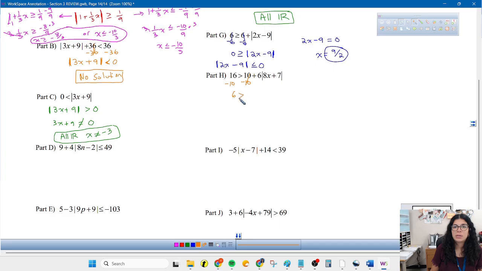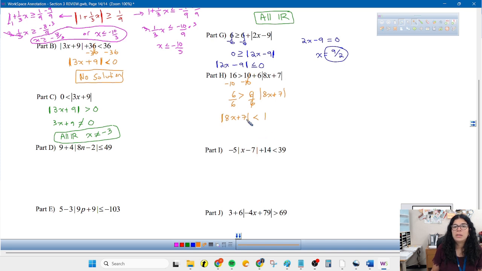So now we have 6 is greater than 6 times the absolute value of 8x plus 7, and then I'm going to divide by 6, and I'm also going to go ahead and flip this around. So the absolute value of 8x plus 7 is less than 6 divided by 6, which is 1.